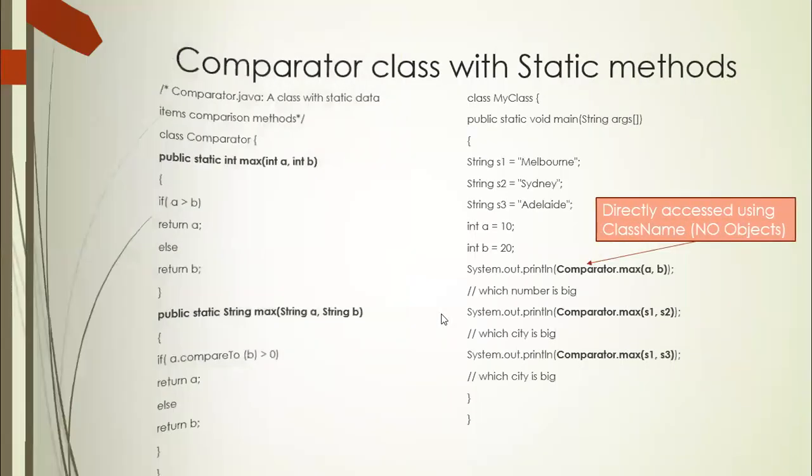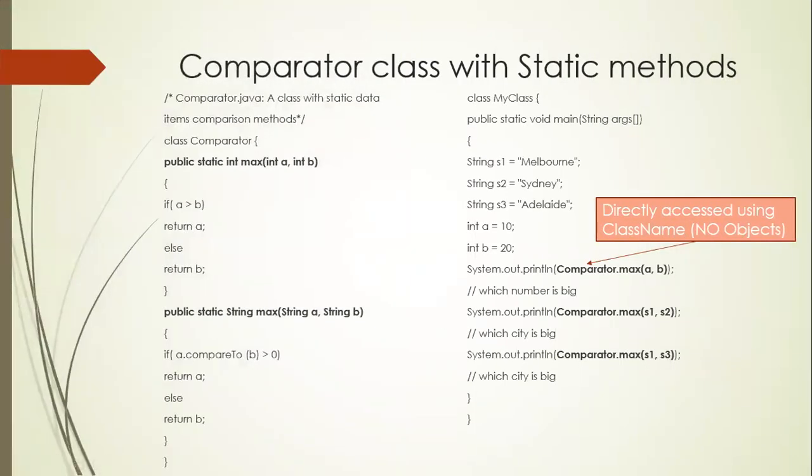Hope you have understood. Another example I've taken is Comparator. Here we have a static int max and a static string max. You can see I am calling the max function without creating an object for the Comparator class: Comparator.max of a, b, Comparator.max of s1, s2, and another max for two strings.